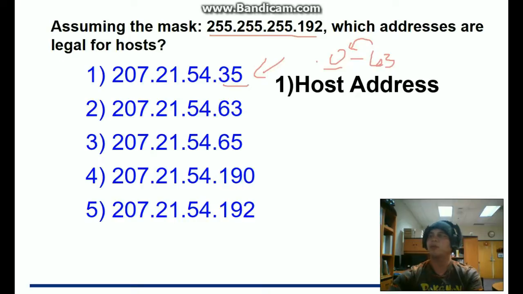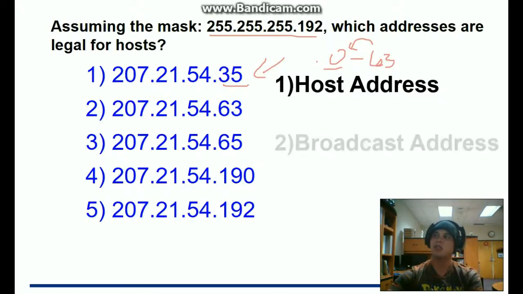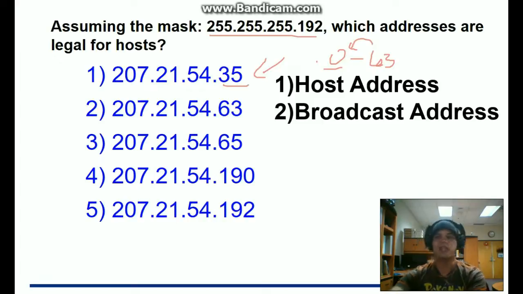What about the next one, .63? Is that a valid host address, or is that an address a host can use? No, it cannot, because that is a broadcast address. Like I mentioned here, 0 is the subnet ID, the last address is the broadcast address, BC, and you cannot use that.